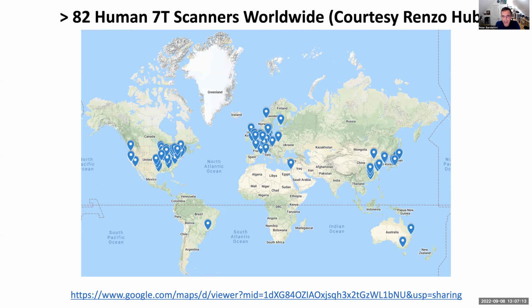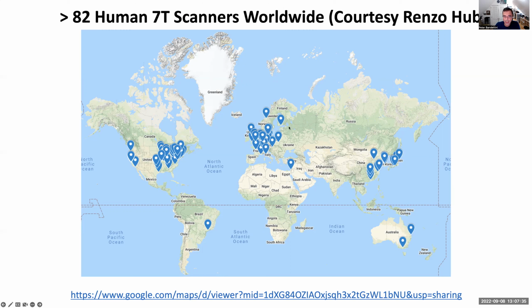But I don't think that 7 Tesla is sustainable on just 100 scanners and just for research. There really has to be more clinical applications, like real clinical applications, to justify the cost of 7 Tesla. And I think they're playing this out and waiting to see what happens. And hopefully the clinical market opens up.